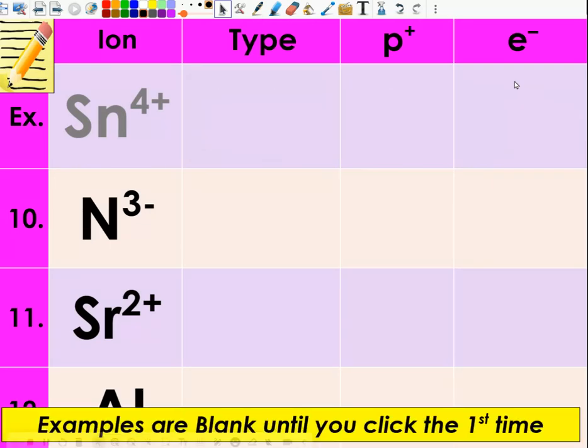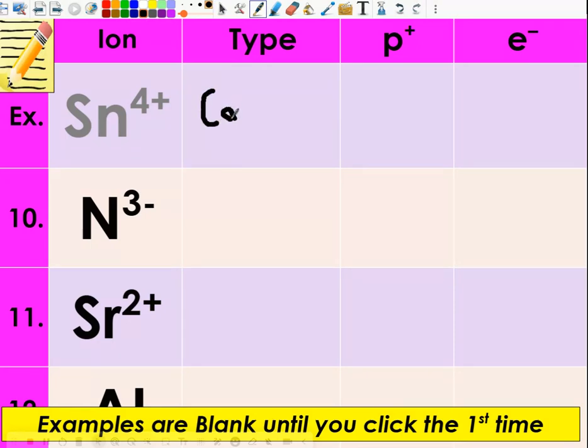As I take a look at what I am given in my packet, I have this example. Now your packet should have this already filled out, but I want to show it to you anyway because that is how I roll. The type here is definitely a cation because it is positive. Because it is Sn, that means I definitely have 50 protons just off my periodic table.